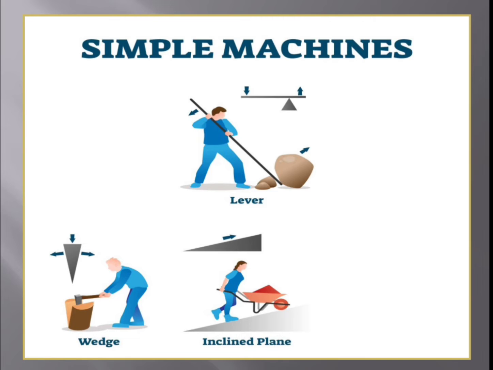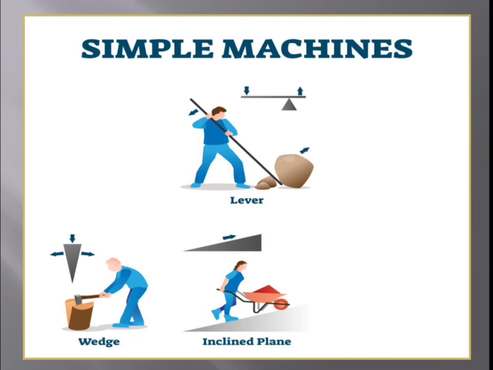In the first picture, you have a blue rod. That is called the stiff rod or stiff bar, which can move on a fixed point called the fulcrum. Can you see the triangle? That is your fulcrum, and this stiff bar can move.